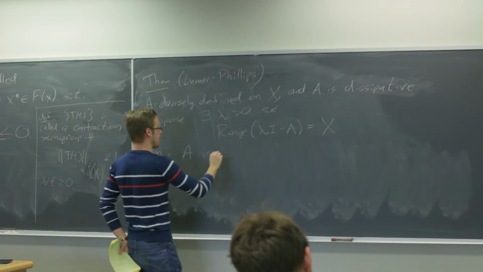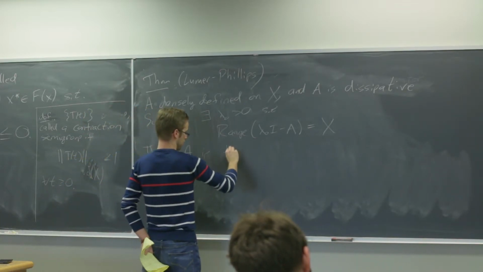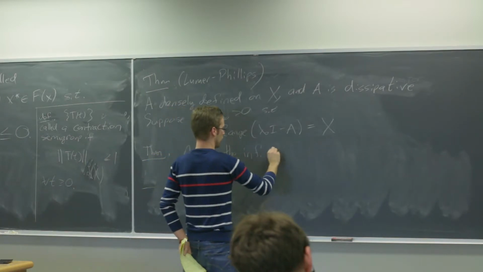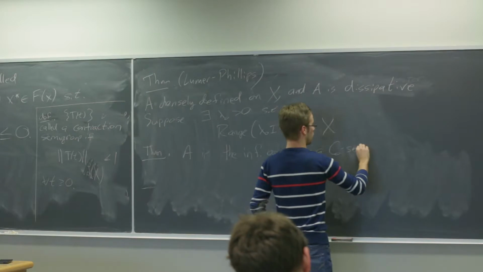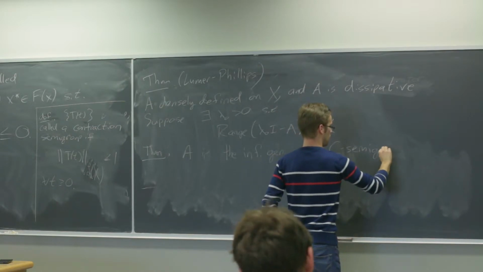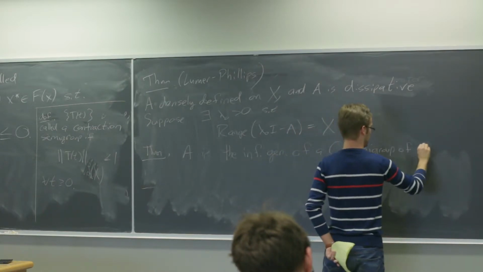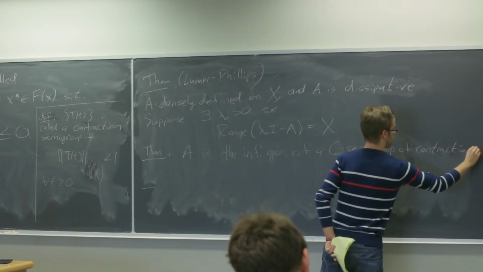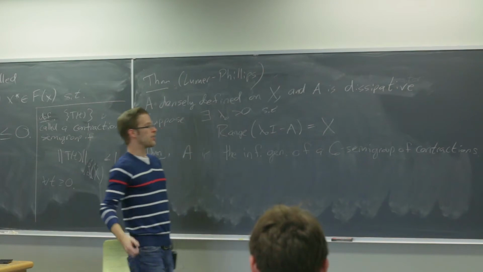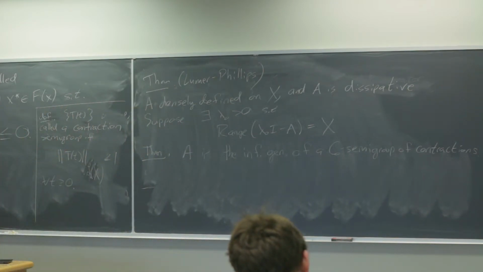I can conclude that A is the infinitesimal generator of a C0 semigroup of contractions. Which from the first theorem tells me I have well-posedness of the underlying Cauchy problem.